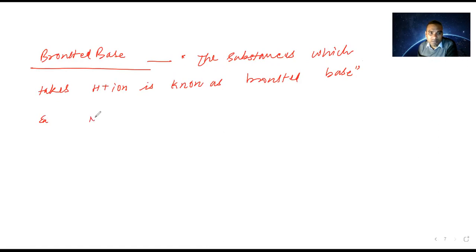Example: suppose I have NH3. Here a lone pair of electrons is there. If H plus is there now, what is it going to do? It is going to attract H plus ion, so it becomes NH4 plus.